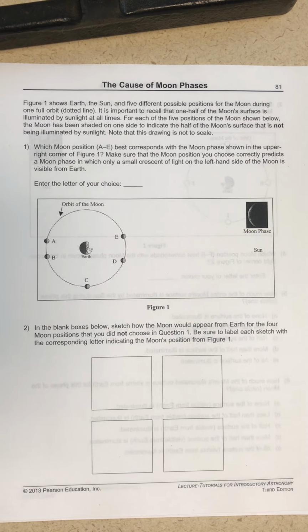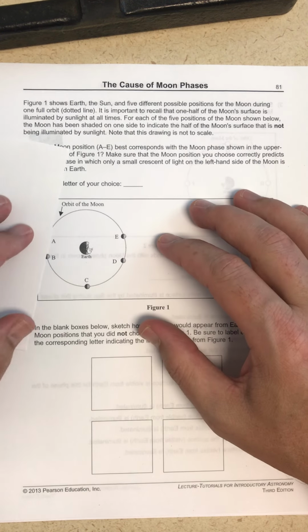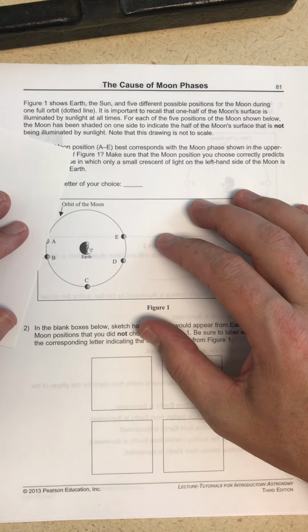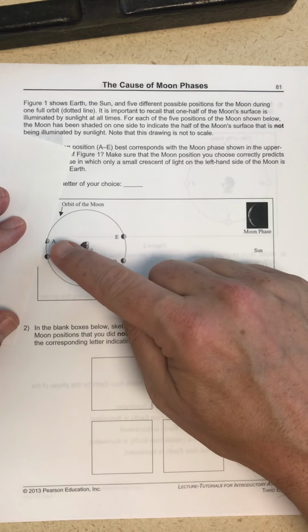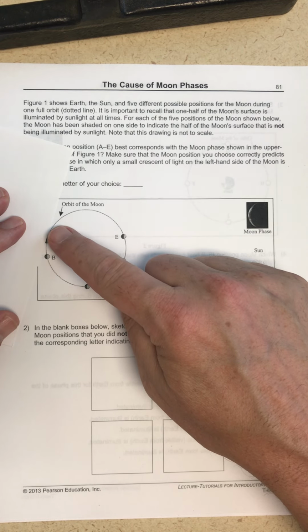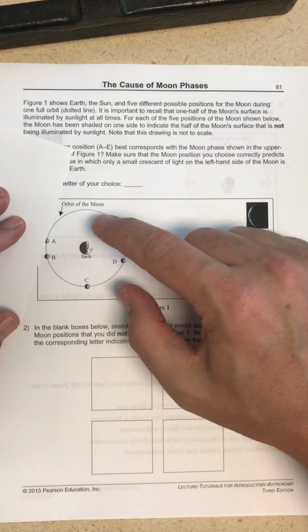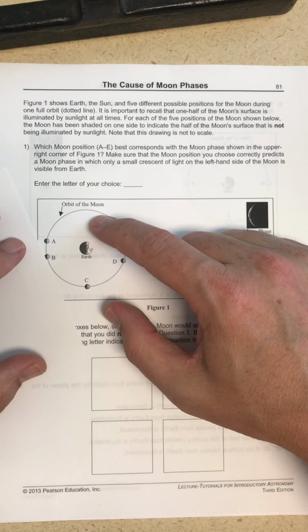Alright, so let's go through and see what we see in each of these. So let's put this down to sort of indicate what part is visible to Earth. In this view, it's lit up on the right and it's dark on the left. Go tangent to the circle again.